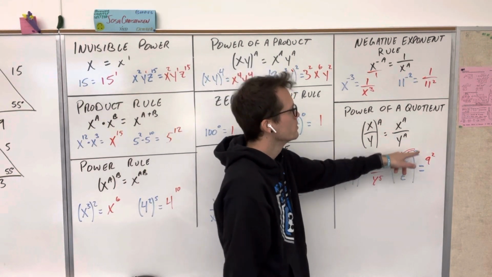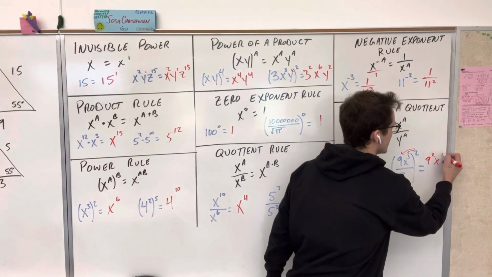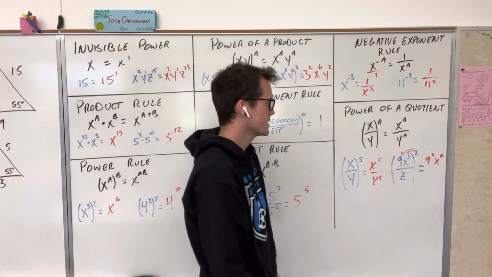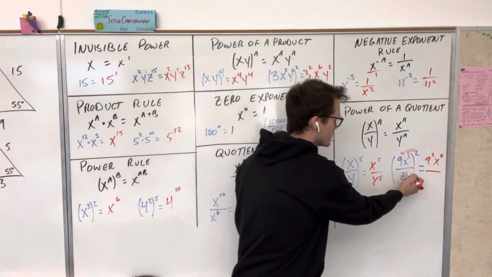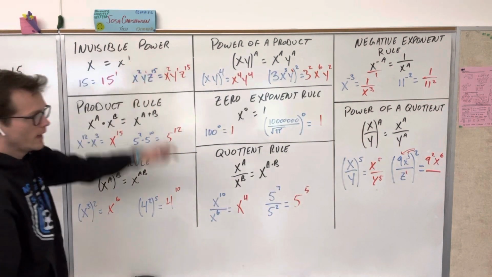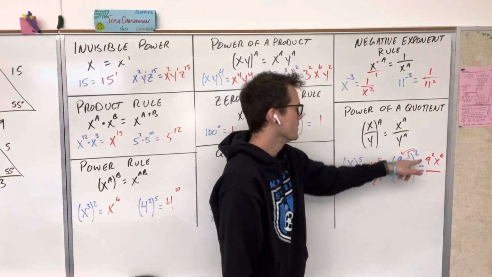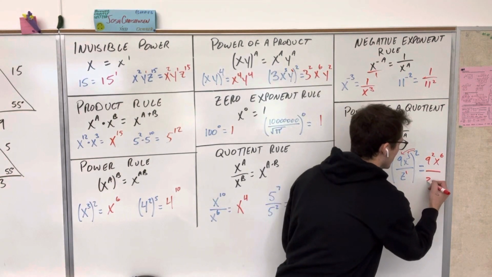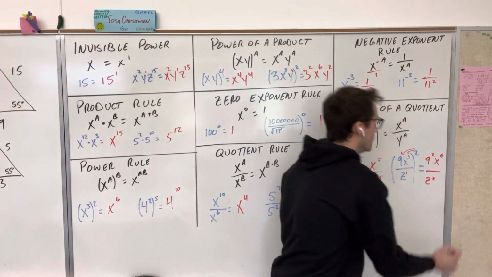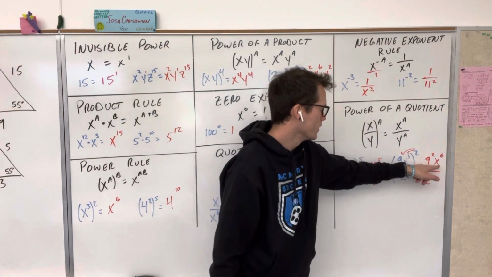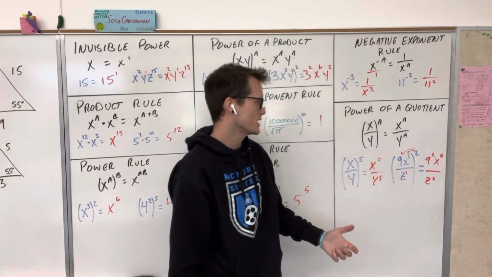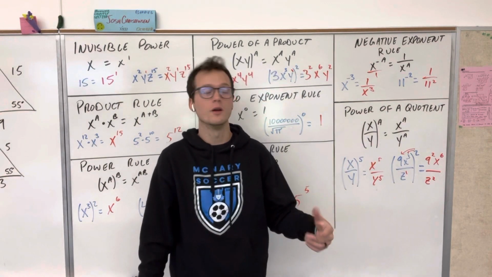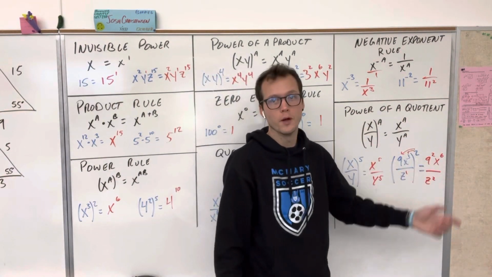So x cubed squared is x to the 6th, because 3 times 2 is 6. The denominator, we just have a z to the 1st power. So here we are applying the invisible power rule. And then 1 times 2, that's just 2. So this ends up being z squared. So 9 squared times x to the 6th power, all divided by z to the 2nd power, or z squared. Again, to simplify this a little bit further, do the 9 squared, it ends up being 81.